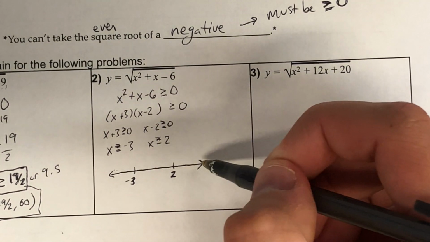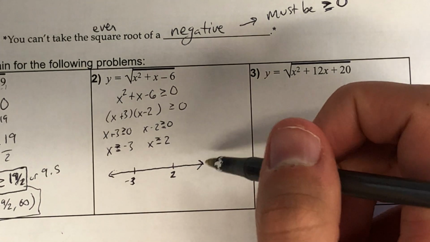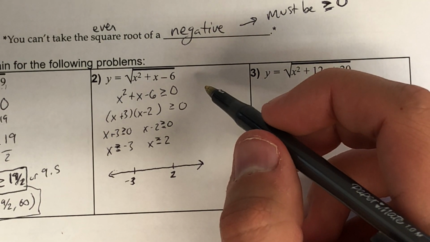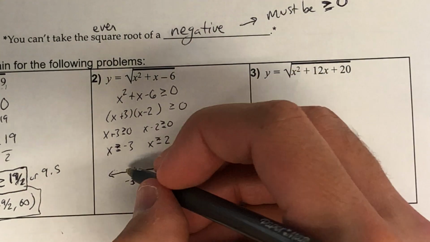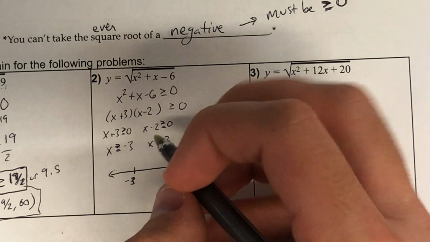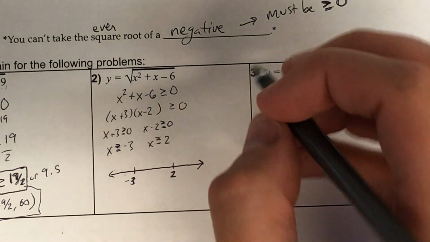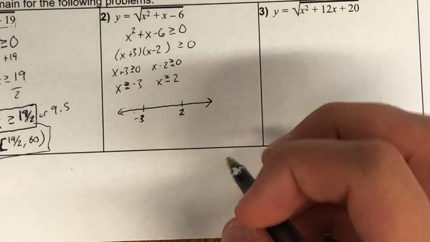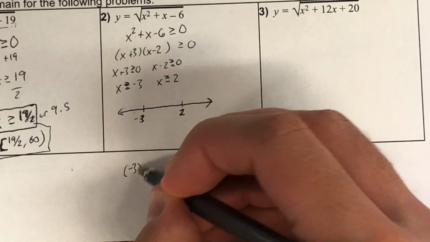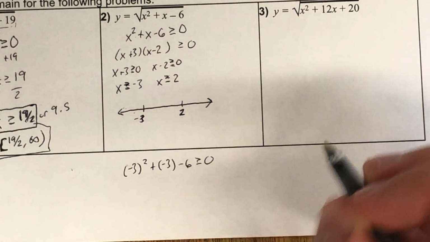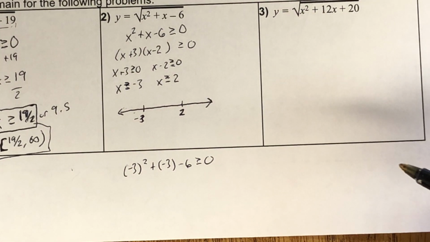values to the left, to the middle, and to the right of -3 and 2 to see what gives us a positive value and what gives us a negative value. So if we choose a value, say -3, we want to plug that into the original equation. So I'll put my work down here. Let's check to see if that is actually greater than or equal to 0.